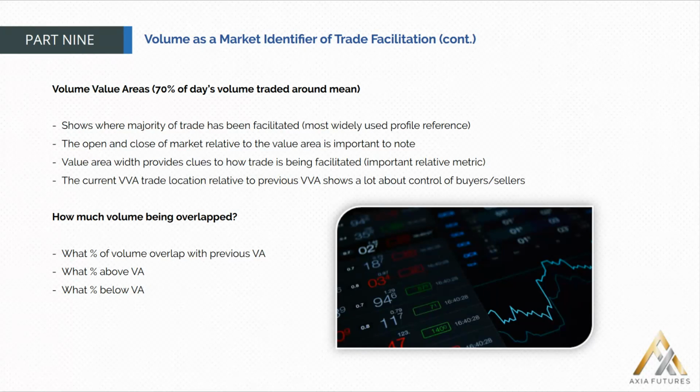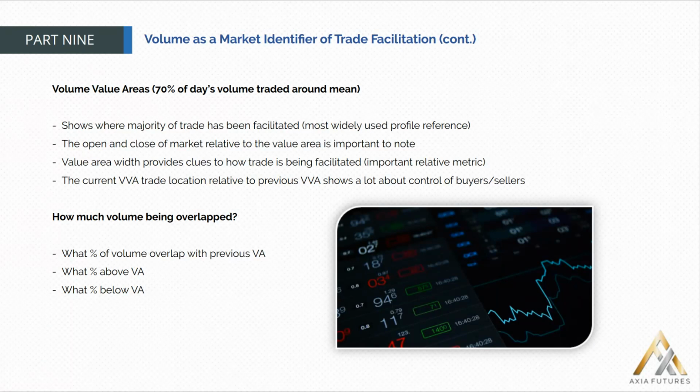So, the question to ask ultimately with today's value area versus yesterday's value area is: how much volume, or how much value area overlap, is there? The basic premise is that the more value area overlap, the more buyers and sellers are agreeing to the same fair value as the previous day.